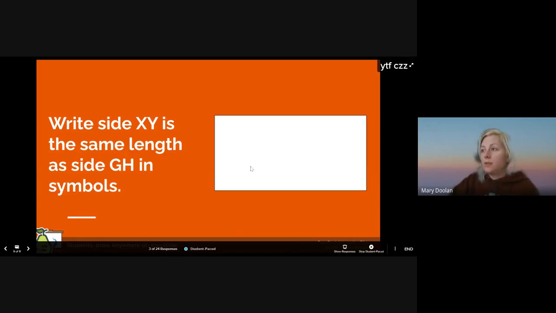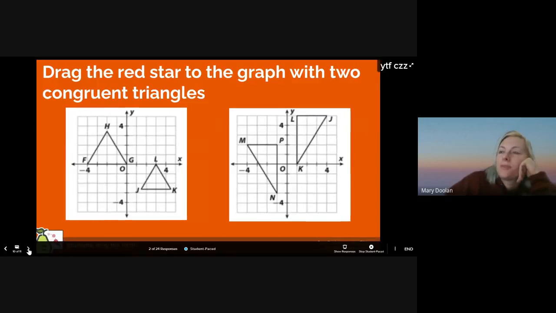All right? And so you can go back through and look at things. On this slide, write side XY is the same length as side GH in symbols. You can use your mouse to do that, or you may be able to type some of it and then just go back with the pen tool and write the rest of it.